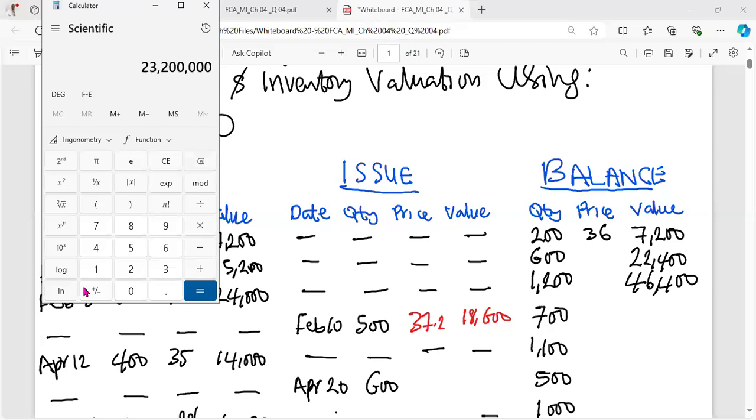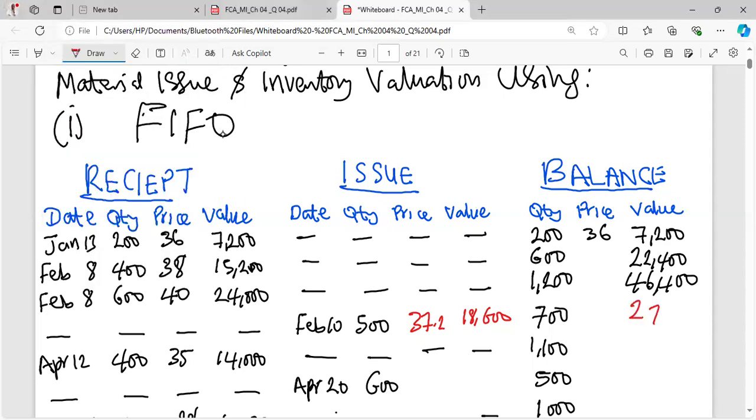46,400 minus 18,600 gives us 27,800. So this is 27,800 here. No price here. Don't put any price.